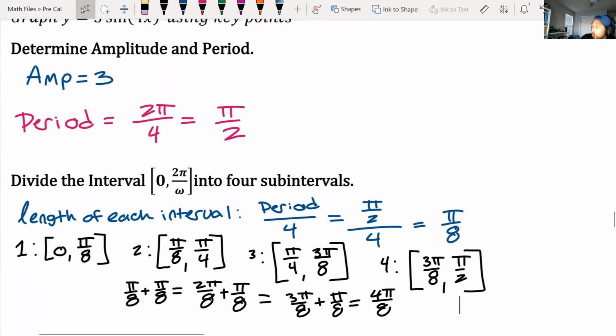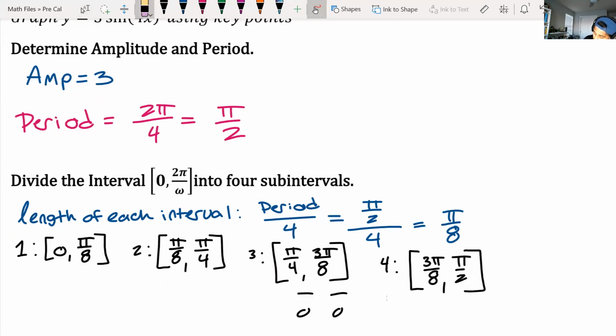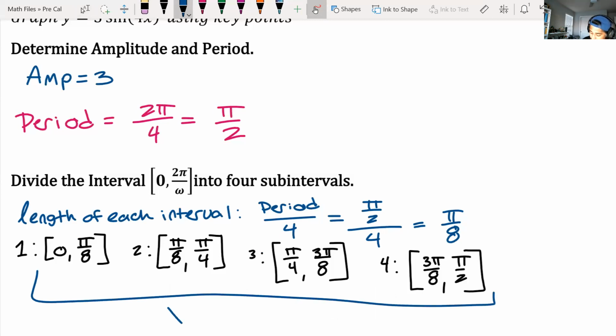These are the 4 subintervals that we are going to use to help us graph this trig function. And all of these are x values.